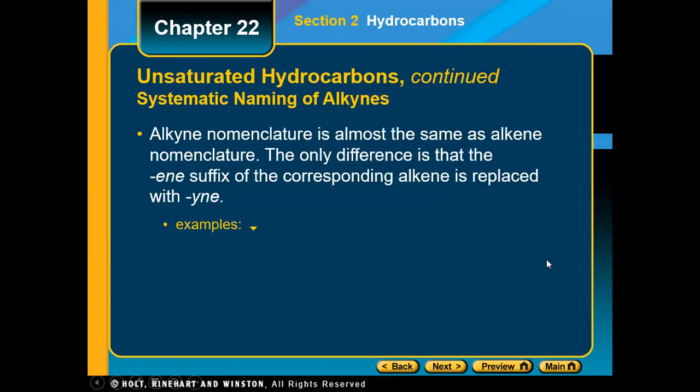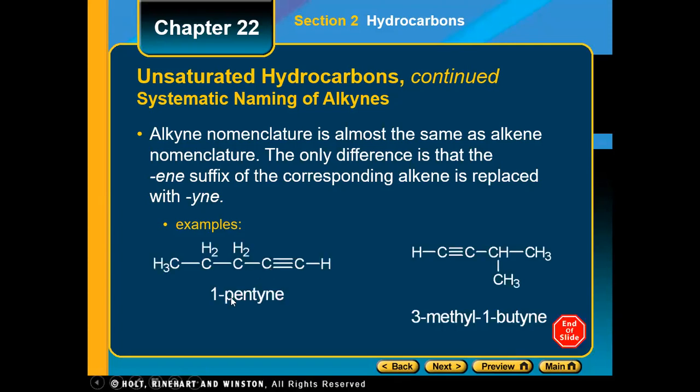Okay, the procedure to name them is the same as the alkene. The only difference is that the ending changes to "-yne". So this is not pentene, but pentyne. This wouldn't be 3-methyl-1-butene, but butyne, okay?